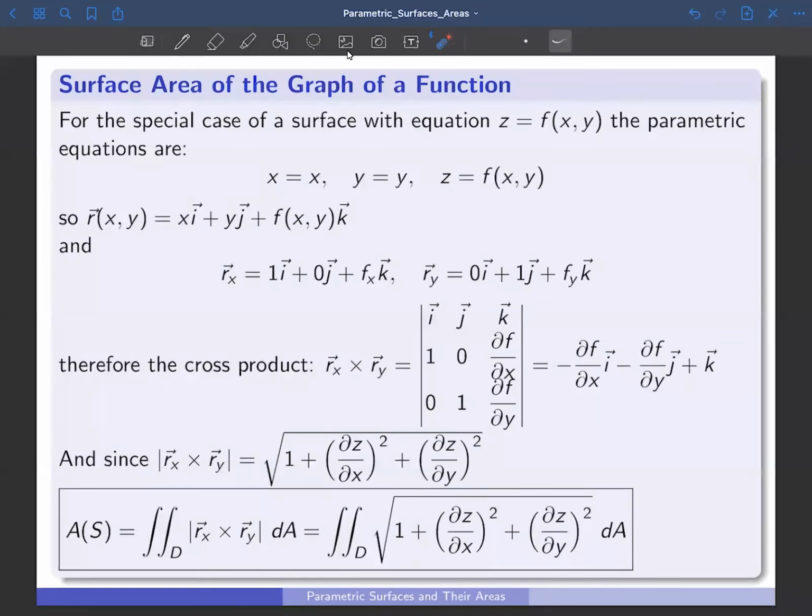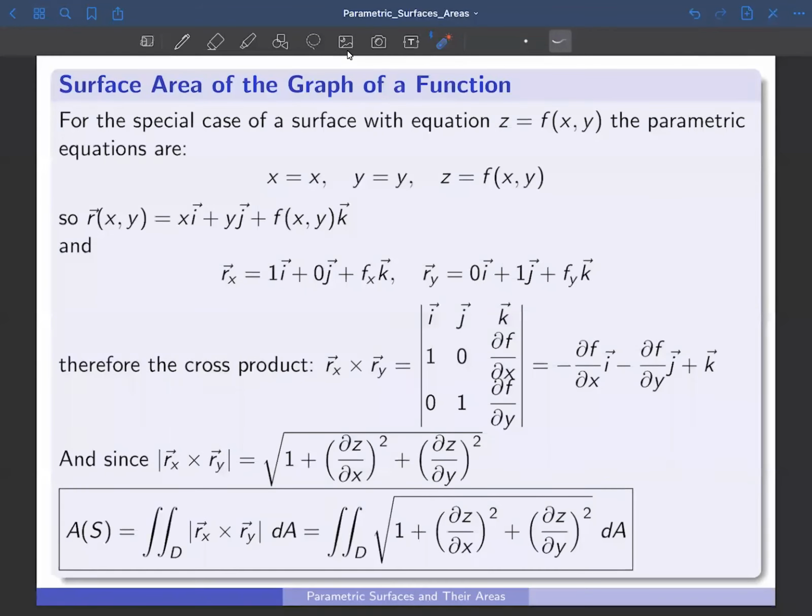And for the vector ry, we have the partial derivative with respect to y of x, which will give us 0 times the vector i, plus the partial derivative of y with respect to y, which gives us 1 times the vector j, plus f y times the vector k.